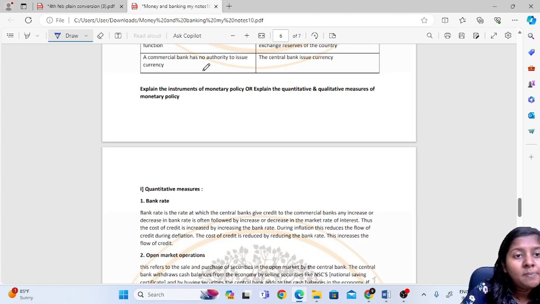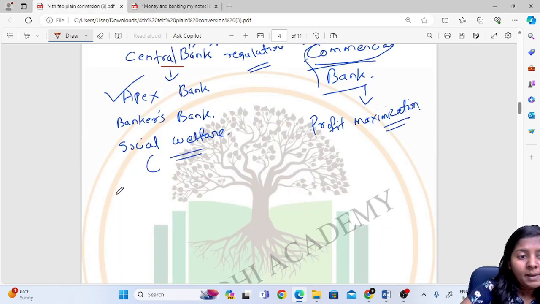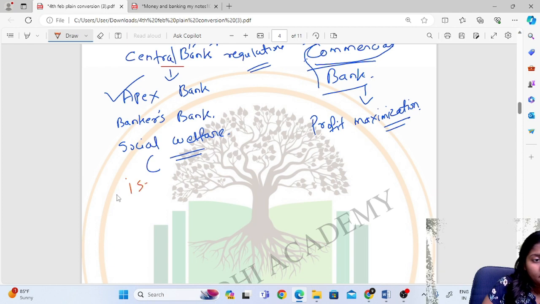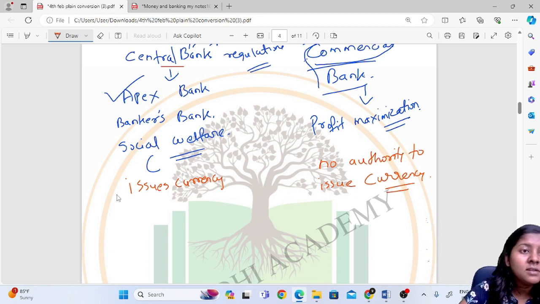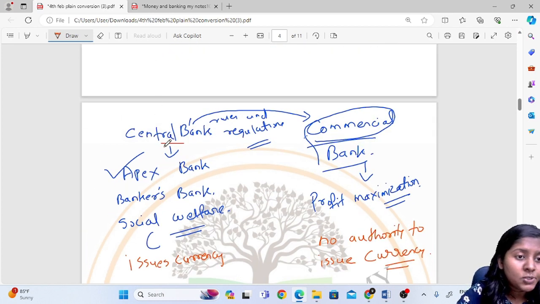A commercial bank has no authority to issue currency, wherein the central bank issues currency. So these are some of the important points we have to learn while distinguishing between the central and the commercial bank.